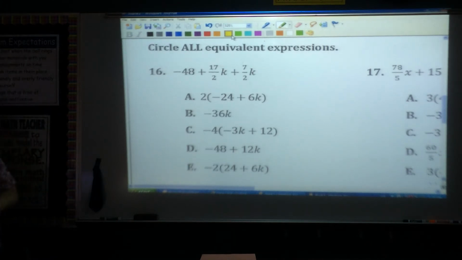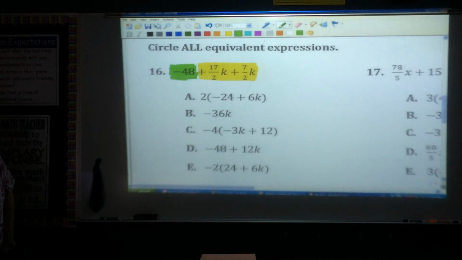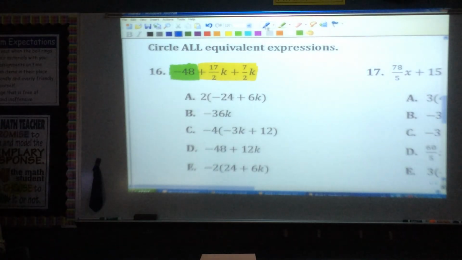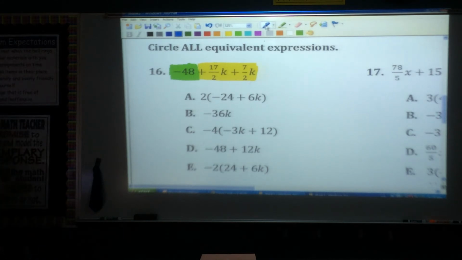When we approach this problem, you would probably think, well, let's combine our like terms first. Our like terms would be the 17 halves k and the 7 halves k. And then we have the term negative 48 by itself. So you could go ahead and combine your 17 halves k and your 7 halves k.